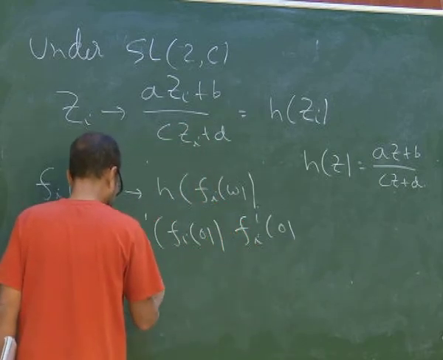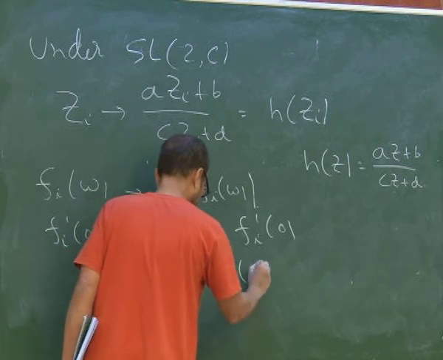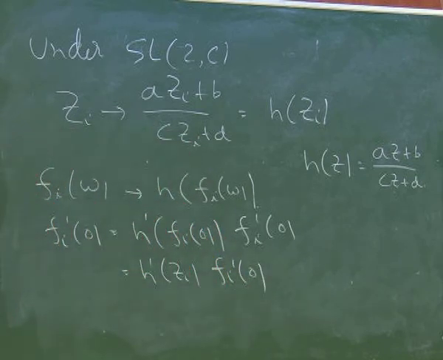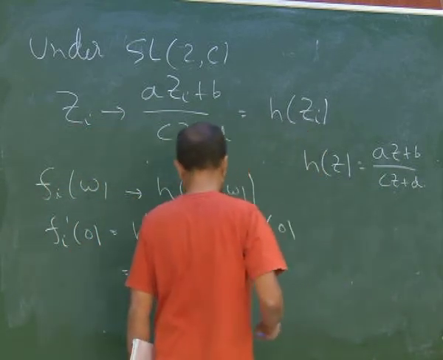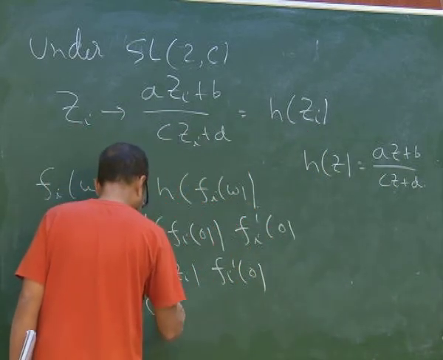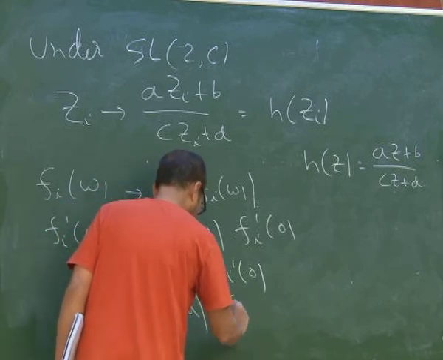Which is H prime of Zi times Fi prime of 0. And H prime of Zi from here is C Zi plus D to the power minus 2 times Fi prime of 0.